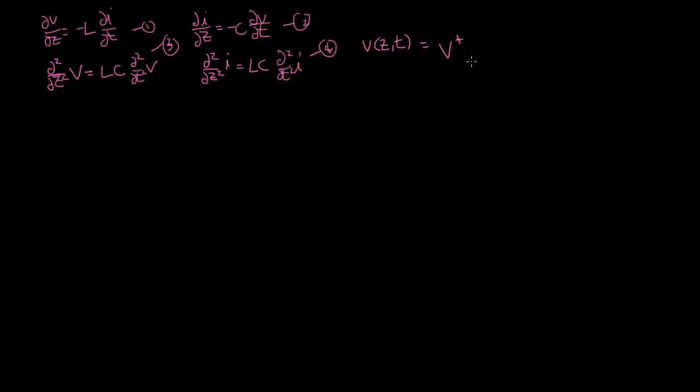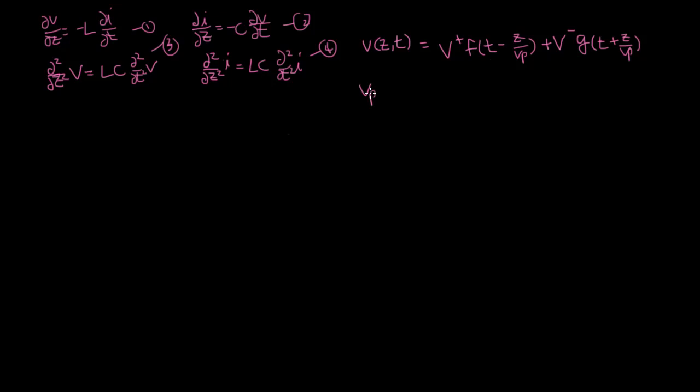The forward propagating wave has a magnitude of V plus, and its shape is defined by this function f, t minus z over vp. And then the backward propagating wave has an amplitude of V minus, and we'll use g to represent its shape, t plus z over vp.